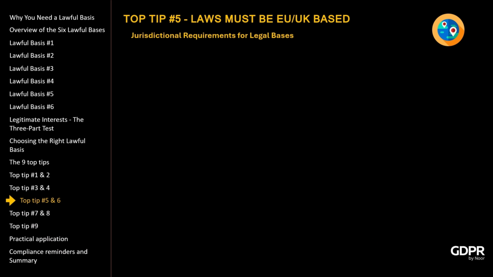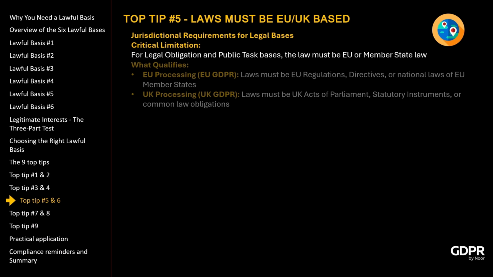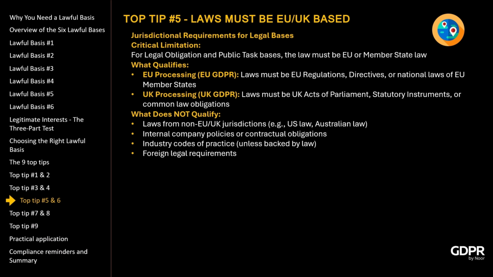Tip number 5. For legal obligation and public task, the law you rely on must be European or member state law. For a UK organization, it must be UK law under the UK GDPR and the Data Protection Act 2018. What qualifies? European regulations and directives, national laws of European member states, and UK Acts of Parliament. What does not qualify?